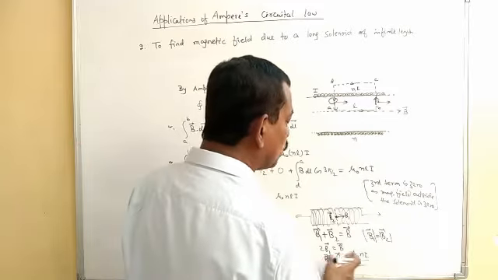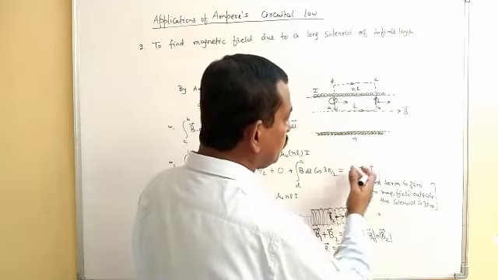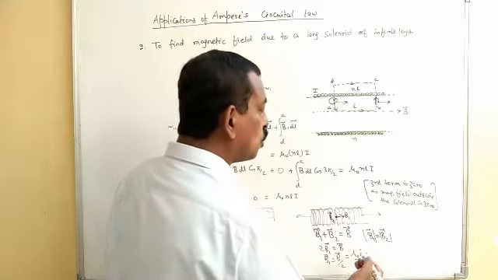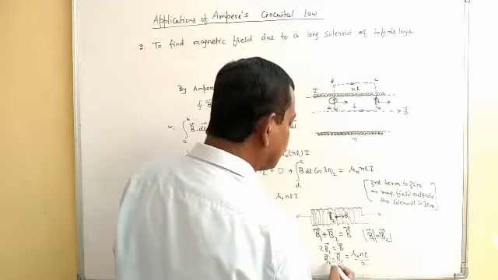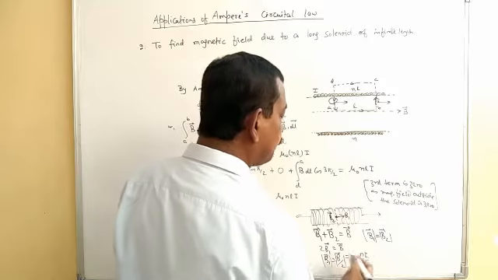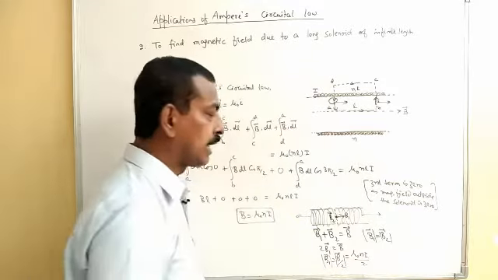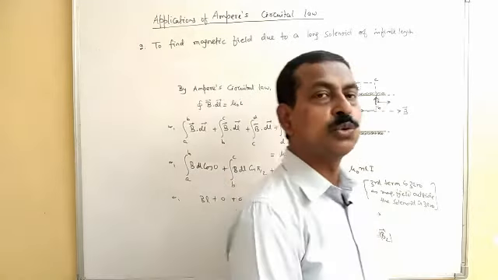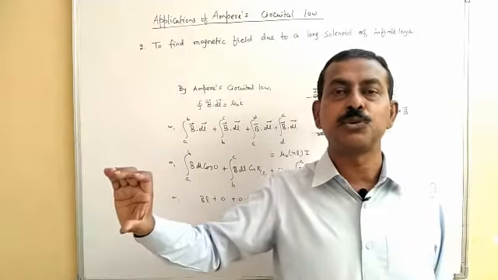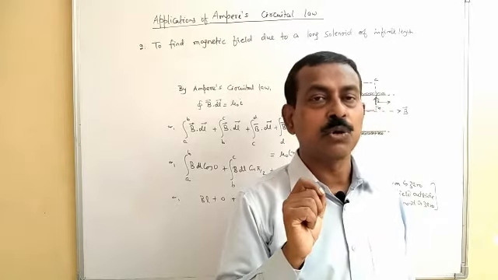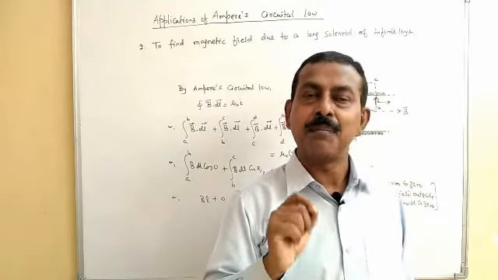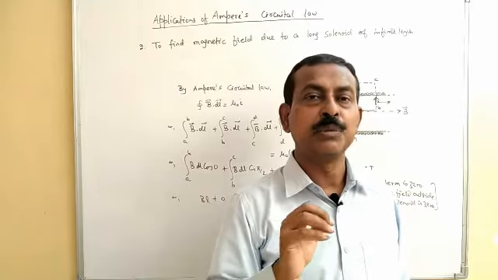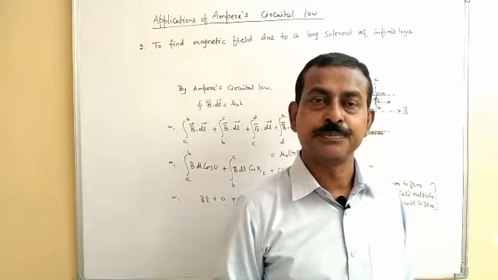And the direction is towards right in this case, or towards left. So magnitude wise, it will be mu naught Ni by 2. It means the magnetic field due to a long solenoid extending up to infinity is mu naught Ni, and the magnetic field at one end of the long solenoid will be mu naught Ni by 2.